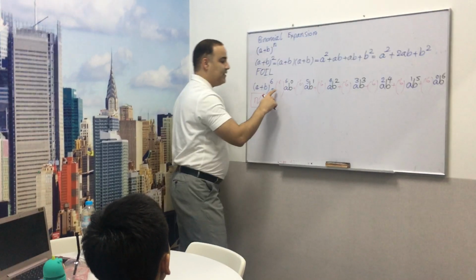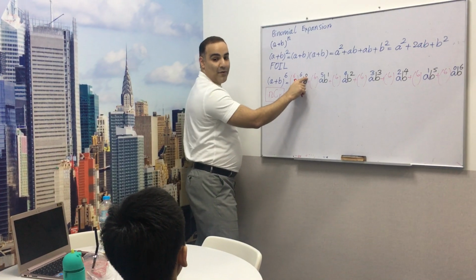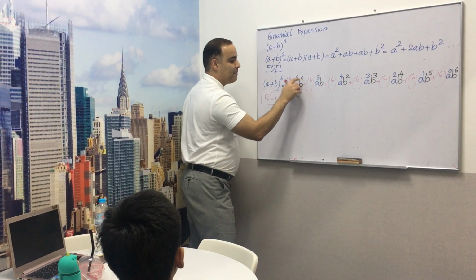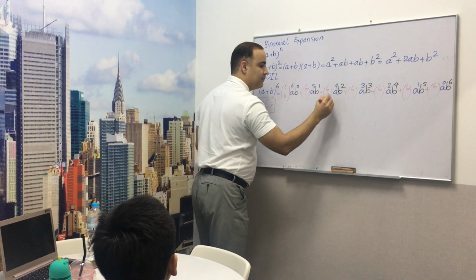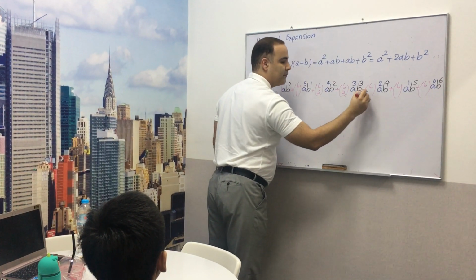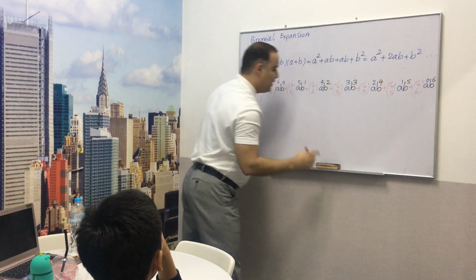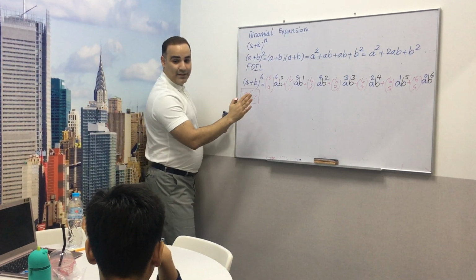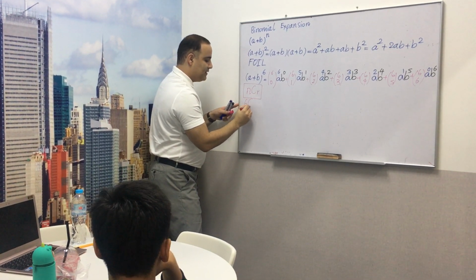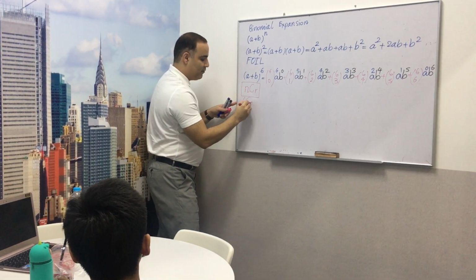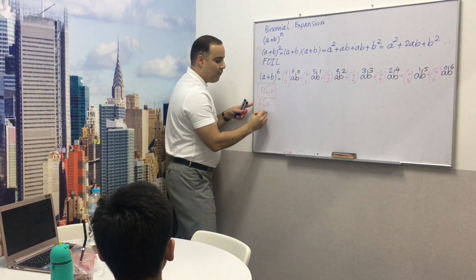Okay. And then for r, we look at the power of B. What is the power of B here? 0, 1, 2, 3, 4, 5, 6. For this one, we can use a calculator and then write like this: 6 choose 0, and this one 6 choose 1.